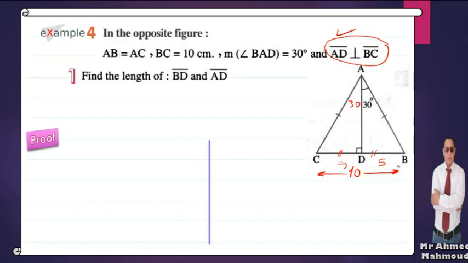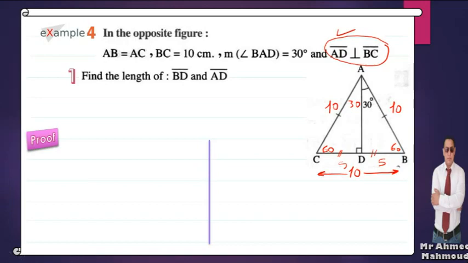That means angle B equals 60 and angle C equals 60. In that case, if we have an equilateral triangle like this, then AB equals 10 and AC also equals 10 centimeters because all sides are equal. Okay, the first required with us, I need to find BD. BD, as I said, equals 5 centimeters.